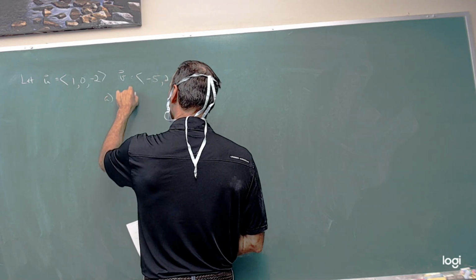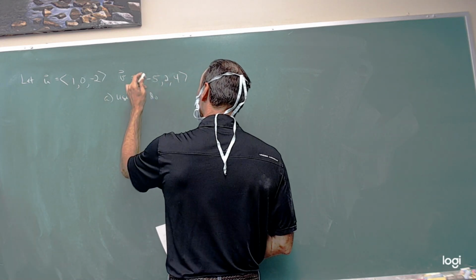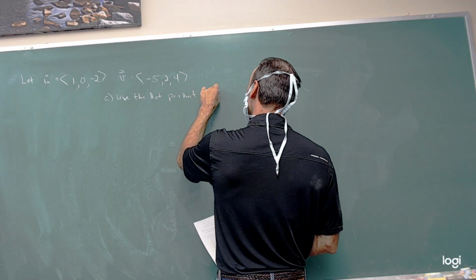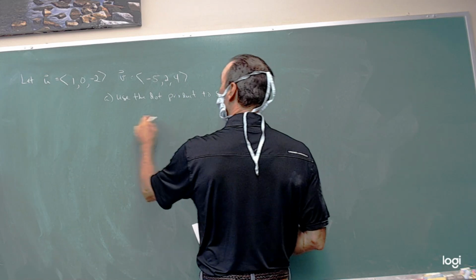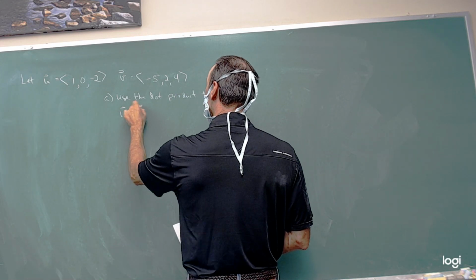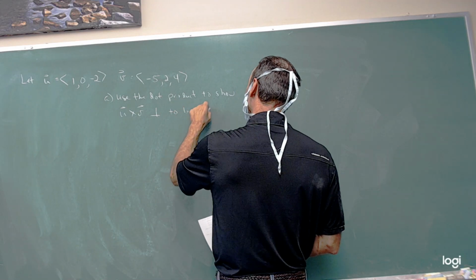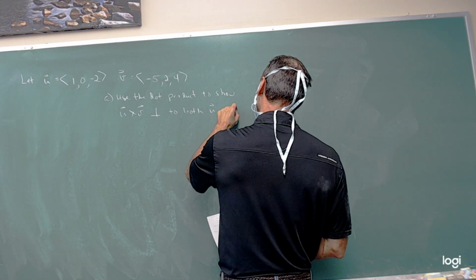Use the dot product to show that U cross V is perpendicular to both U and V.